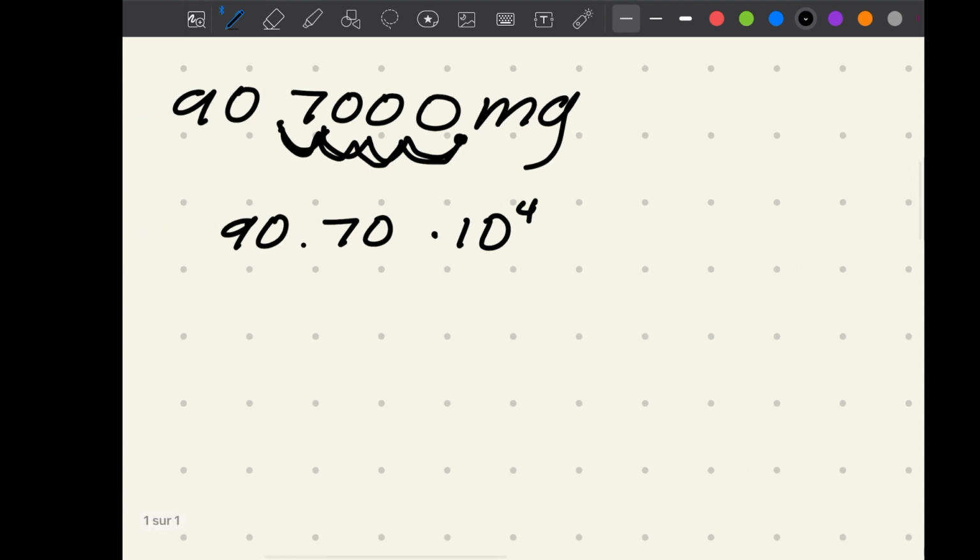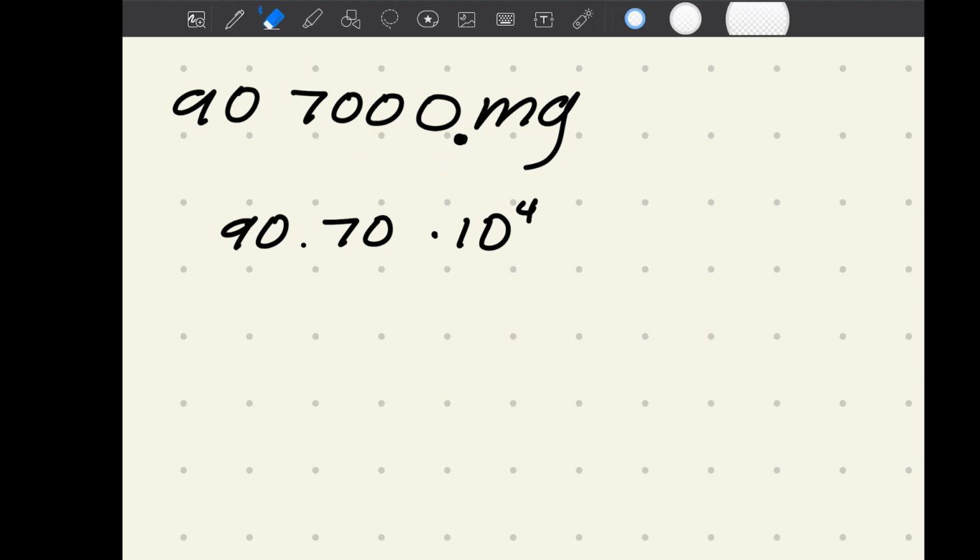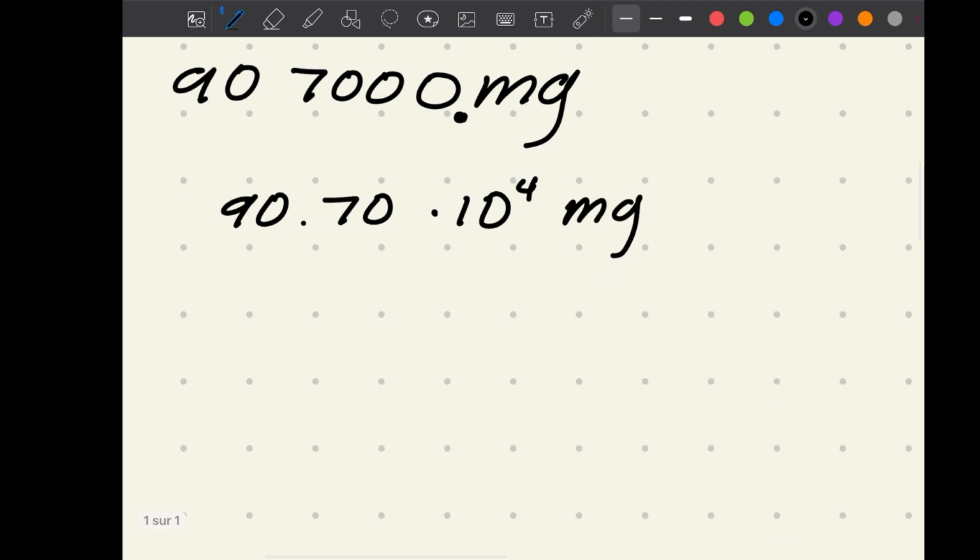But if we were to jump 4 decimals to the right, we would have a negative exponent, like that. So 90.70 times 10 to the fourth milligrams is our answer.